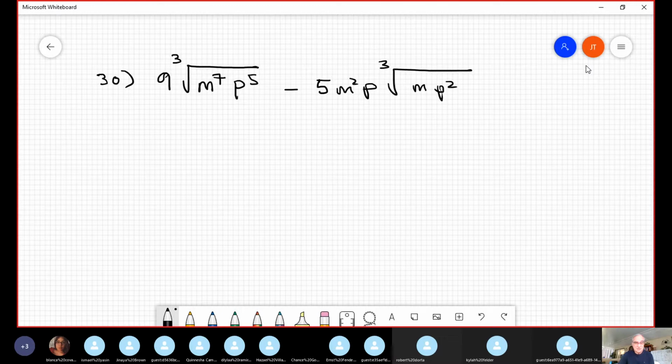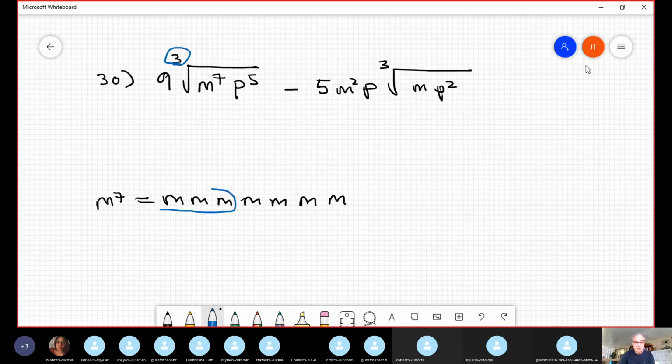The first one is M to the 7. And 7 is 1, 2, 3, 4, 5, 6, and 7. If I want to select, remember the index is 3. You select 3 by 3, 1 and 2.